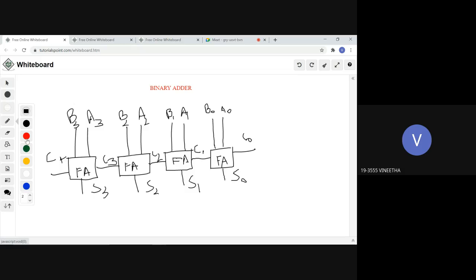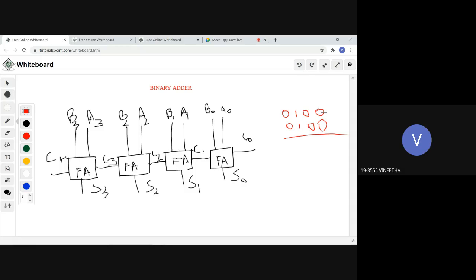Now let's take example of two numbers. Let's take 0100 and 0101, which are 4 and 5 in decimal.